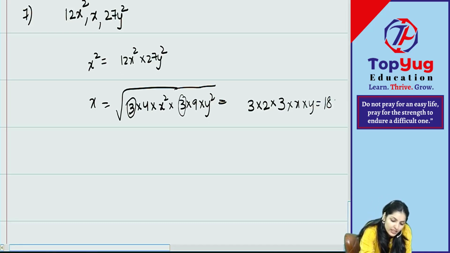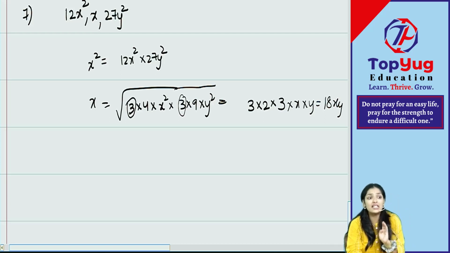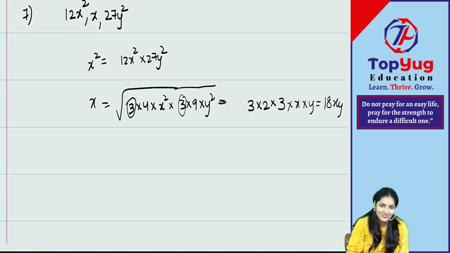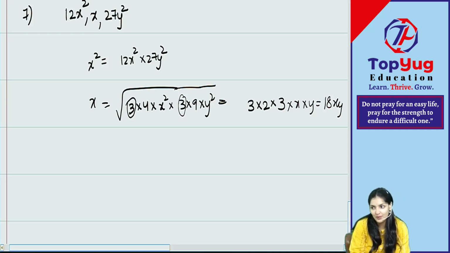So basically 18xy. I still advise you to use a calculator. If by any chance you do not have a calculator, or in the same moment at exam time the calculator falls and breaks, then you can use this. Did you understand? Good.